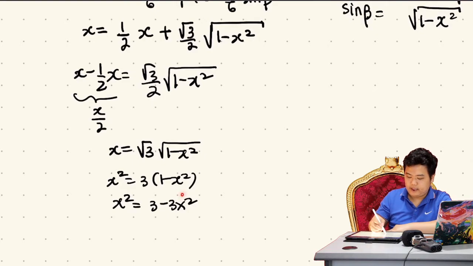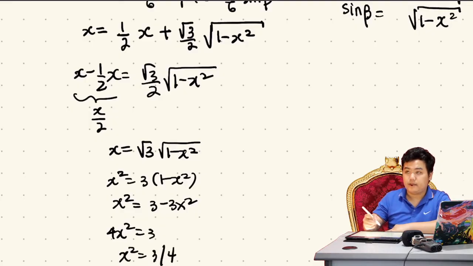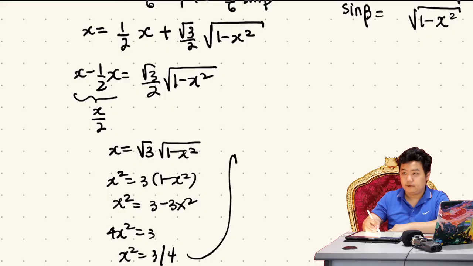Lipat sa kabila si negative 3x squared, it becomes positive 3x squared. So magiging 4x squared equal to 3. X squared is 3/4. So x is equal to plus minus square root of 3 over square root of 4, which is 2.